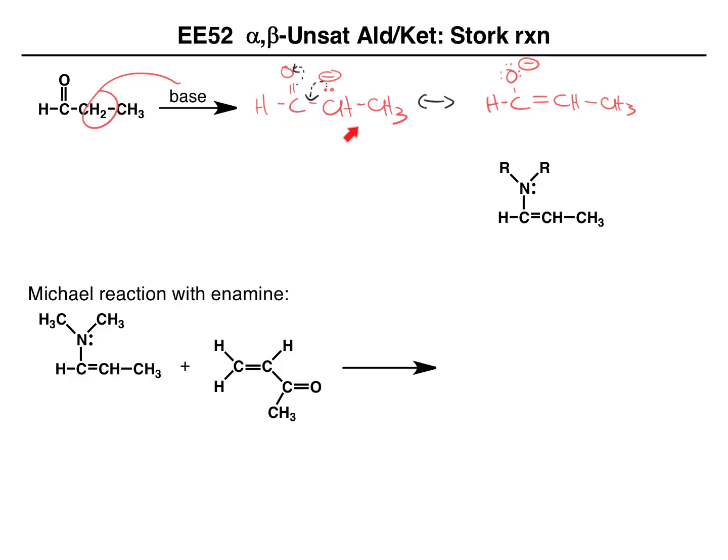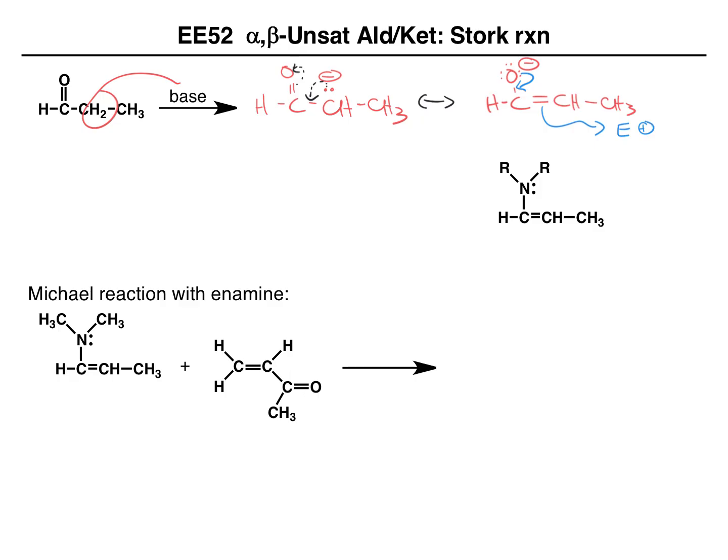Now, I like to think about it in this form because this carbon acts as the nucleophile and can add to some electrophile. But if we think of it in this form, we can still have this carbon acting as the nucleophile. It's just that these electrons are going to fold back in to reform the carbonyl, pushing these electrons out towards an electrophile.